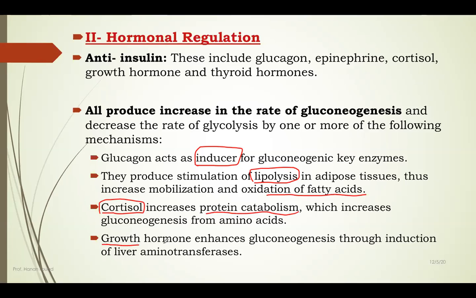Growth hormone is one of the anti-insulin hormones; it accelerates enzymes which make catabolism of amino acids, gluconeogenesis enzymes such as aminotransferases, which make metabolism of amino acids.